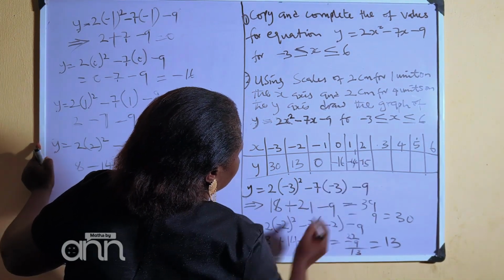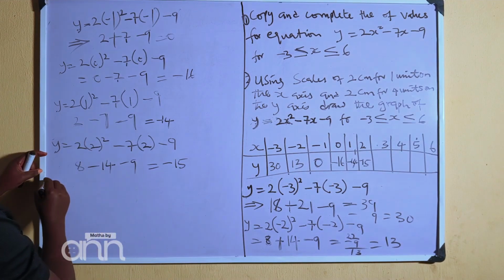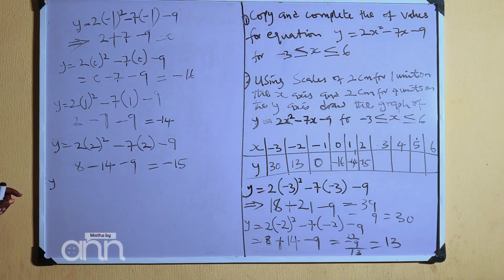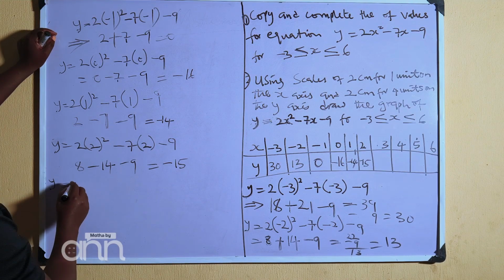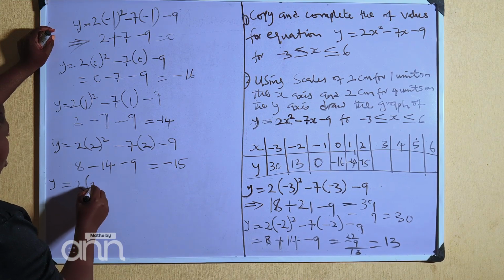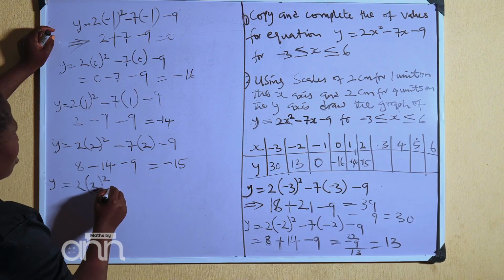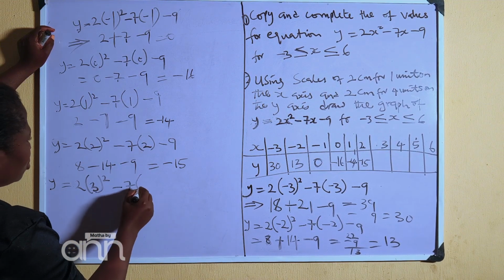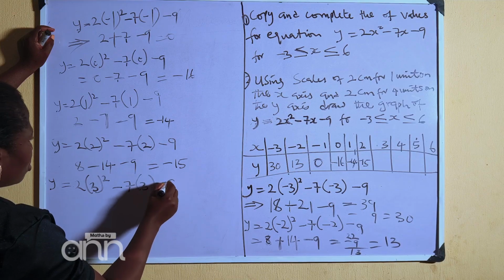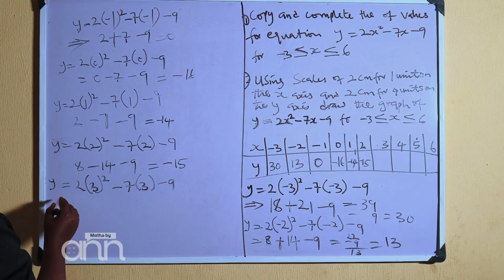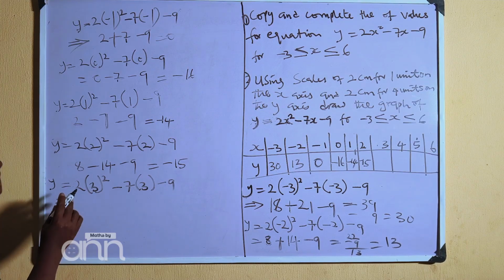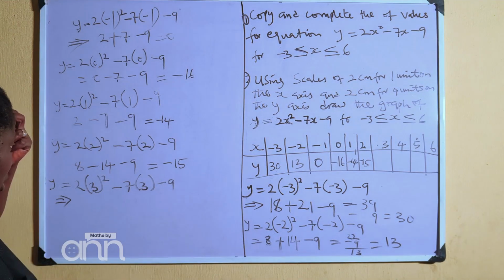Minus 15. The next one, x equal to 3: y equals 2 into 3 raised to power 2 minus 7 into 3 minus 9, which is equal to 3 raised to power 2 is 9.